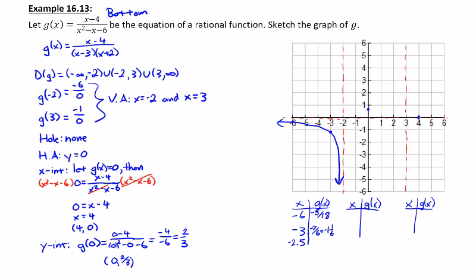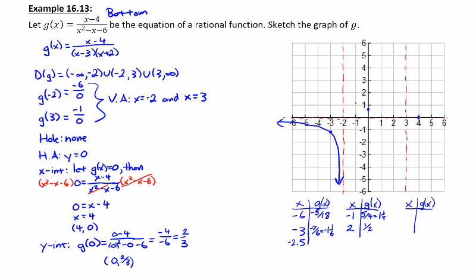Let's go to that middle interval from -2 to 3. With this one, we already have the y-intercept, so I'd like to know what's happening to the left of the y-intercept. I'm going to pick an x value of -1, and then I'm also going to pick an x value of 2 to see what's happening to the right of the x-intercept. -1 is going to map to 5/4, which would be 1 1/4, and 2 is going to map to 1/2.